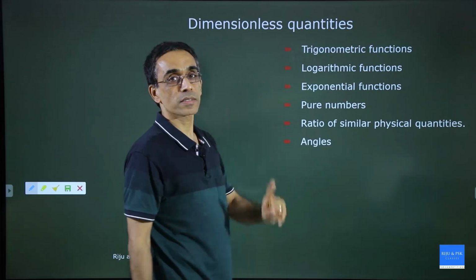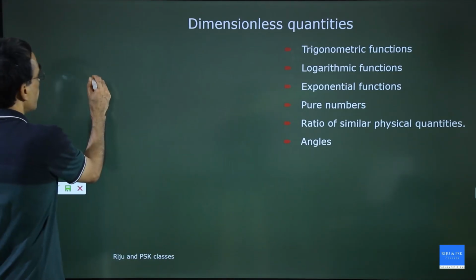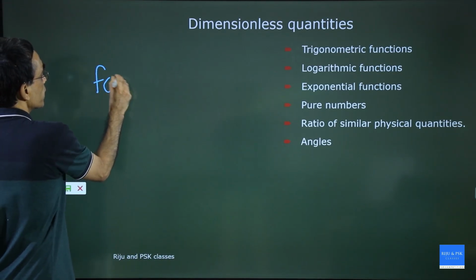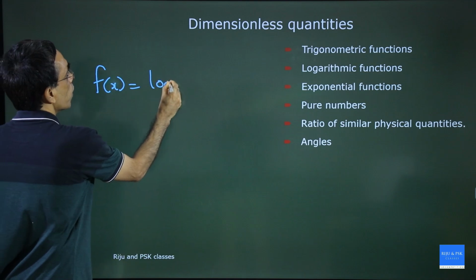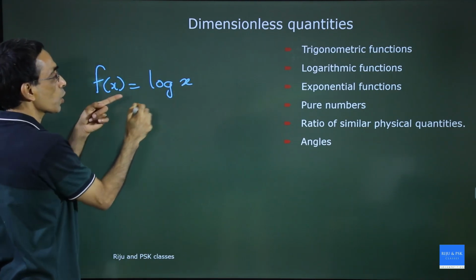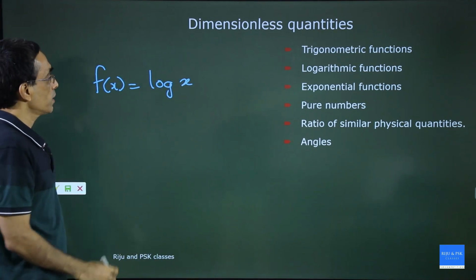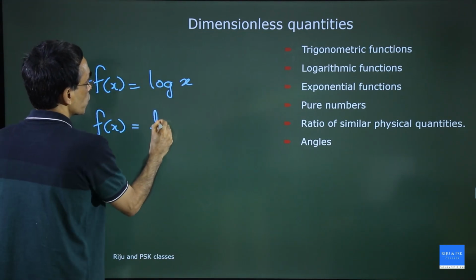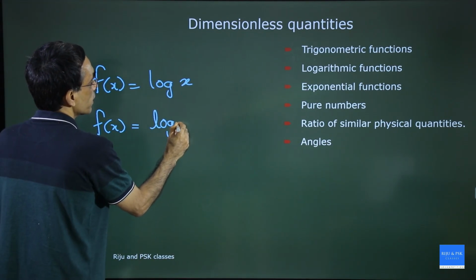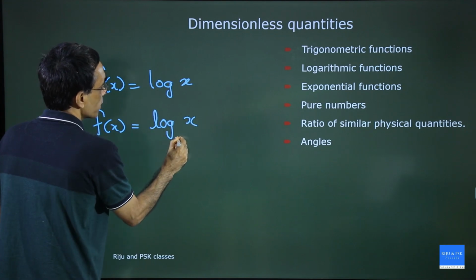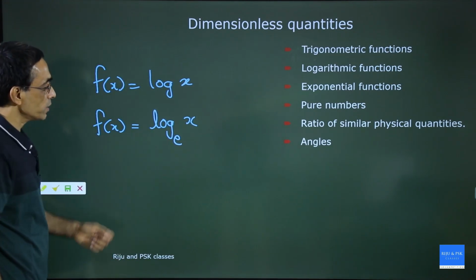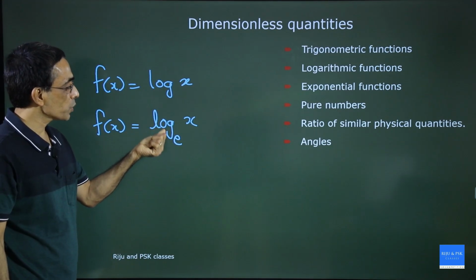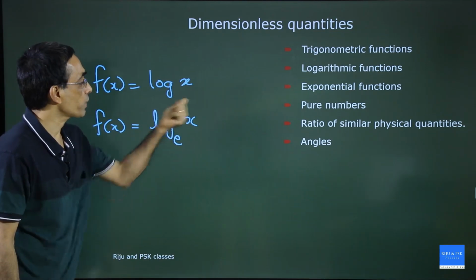Logarithmic functions. Logarithmic function means in mathematics you will see f of x equal to log x. We read it as log x. That is one type of function. Sometimes we see f of x equal to log x with e written below, then you read it as log to the base e of x.